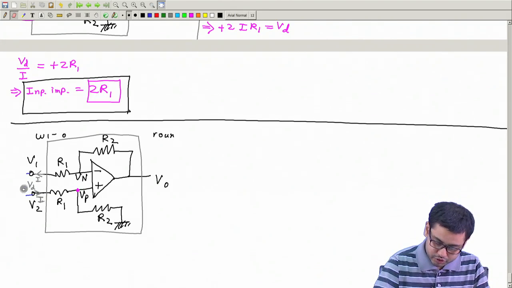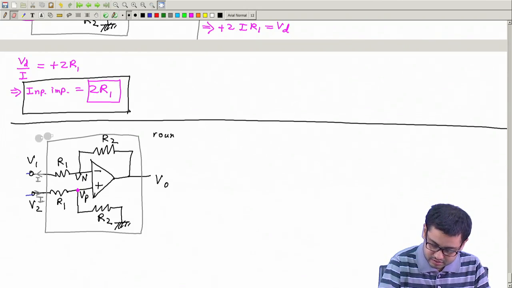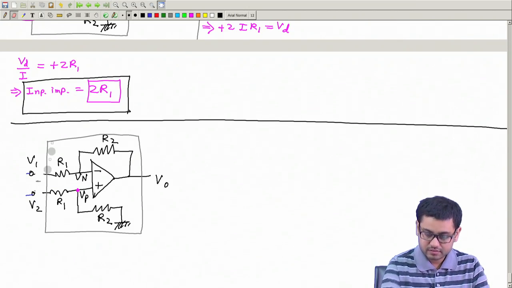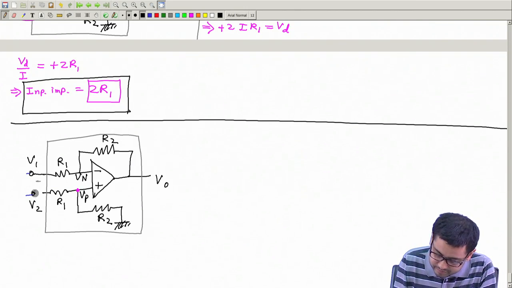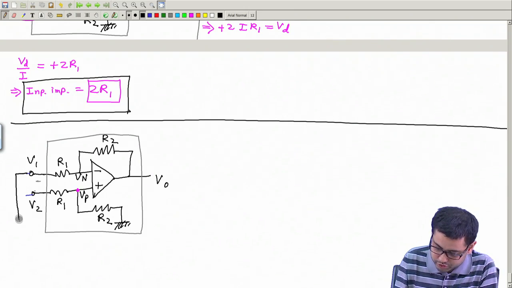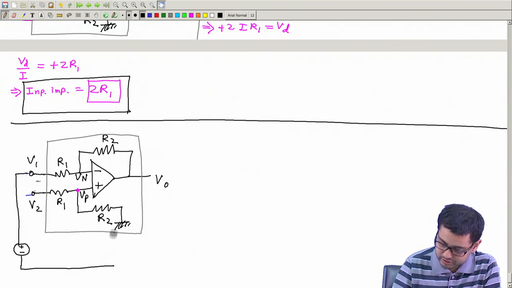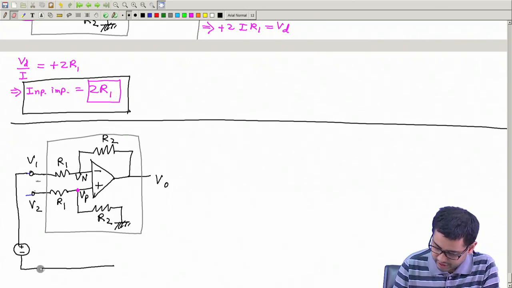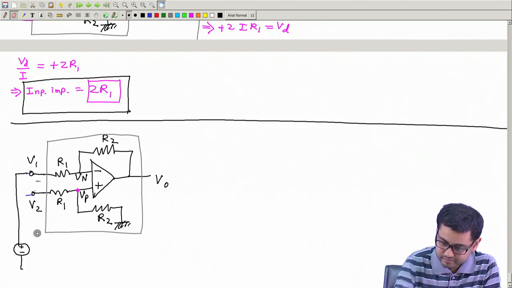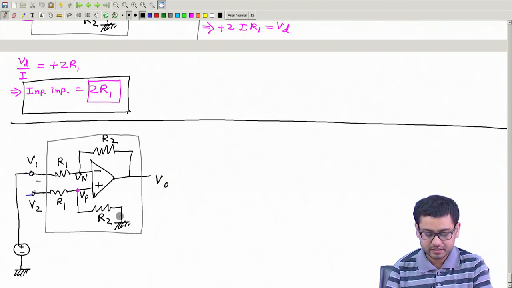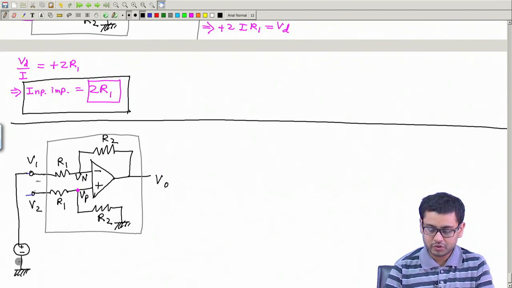Instead of connecting the input like this, I can connect, say, one voltage source plus minus like this, between this and the common ground here, or I can also draw it like this. This means this terminal is connected to here, okay, right? So then I have only one source, okay.